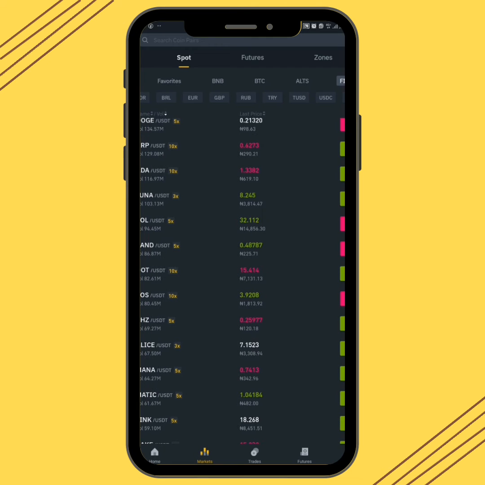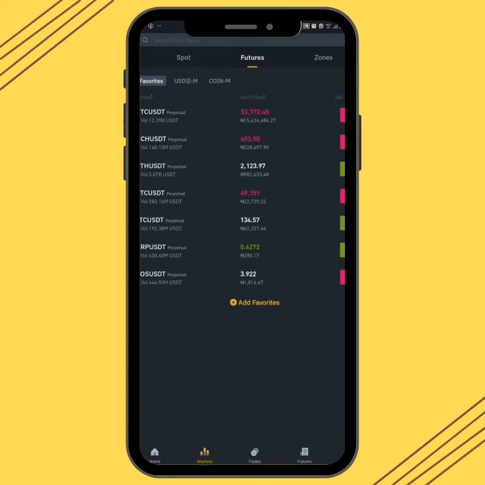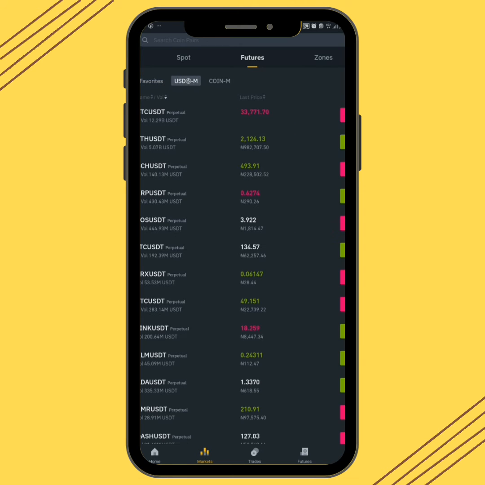So now this is on spot. On futures, you see BTC USDT perpetual, that is for favorite. Then USDM: BTC perpetual, ETH perpetual, XRP perpetual, LTC USDT perpetual. Then from CoinM.